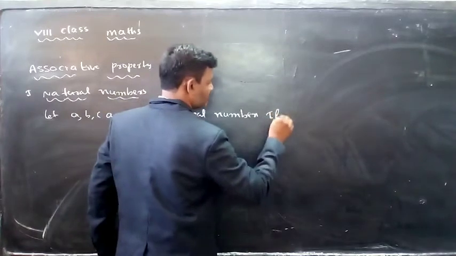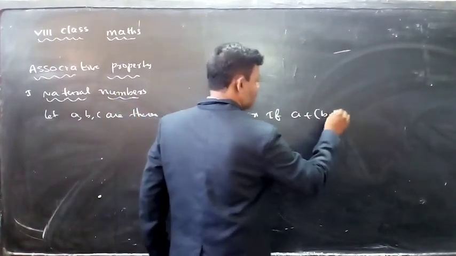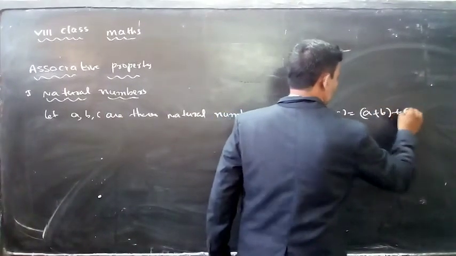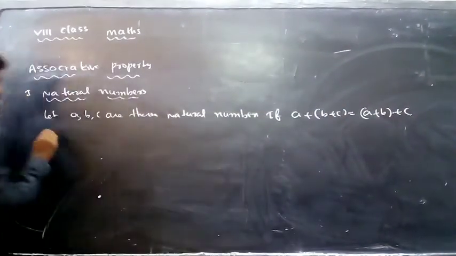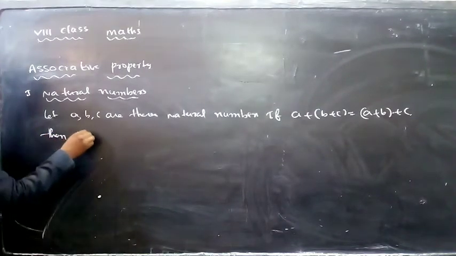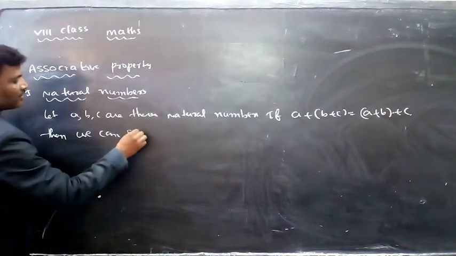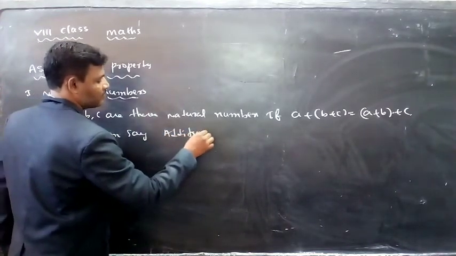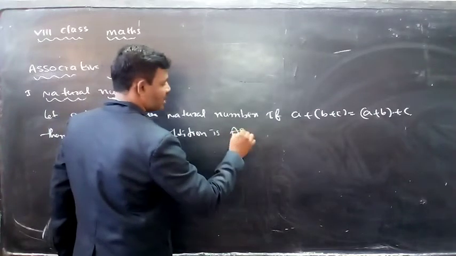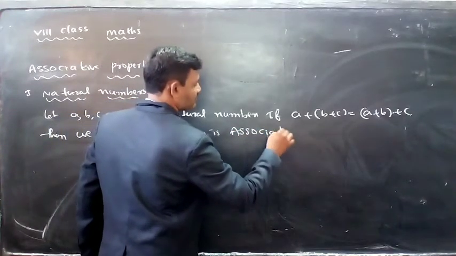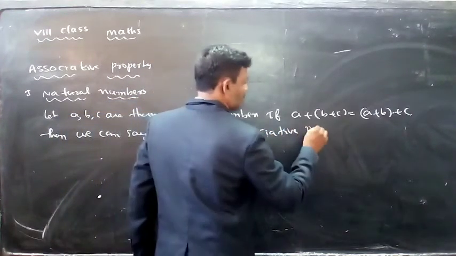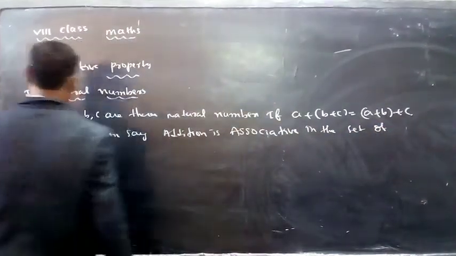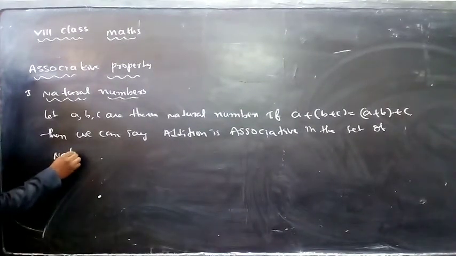If (A plus B) plus C is equal to A plus (B plus C), then we can say addition is associative in the set of natural numbers.